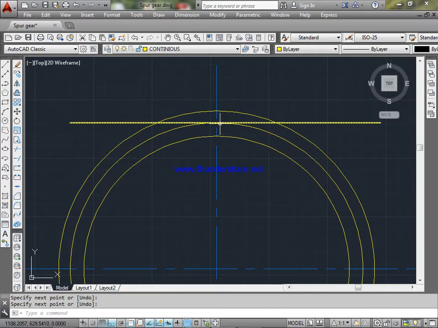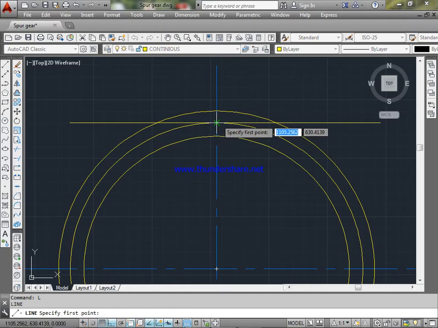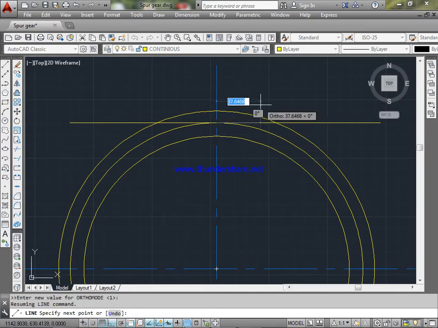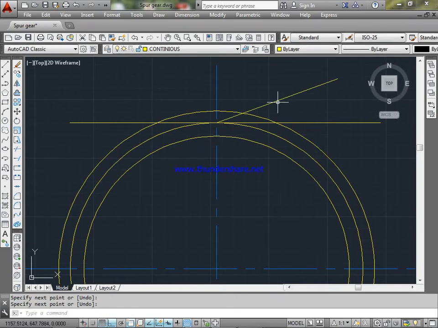Because in the given problem the pressure angle is 20 degree, the line of action is taken at 20 degree with the common tangent. From this point we draw 20 degree. This is the line of action.